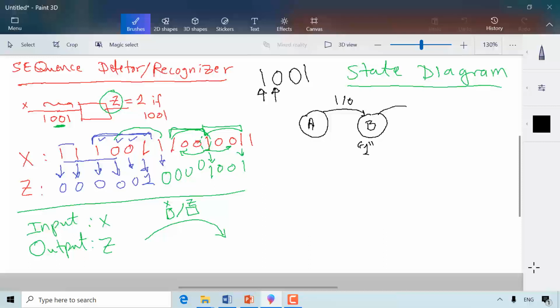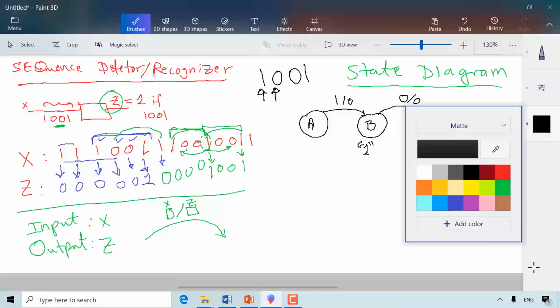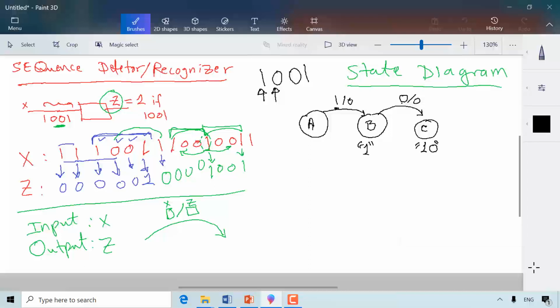Then I go to another state, C, when I receive a 0, again with an output of 0. So C here means that I have seen 1, then 0.